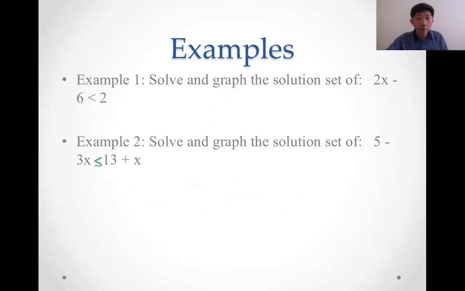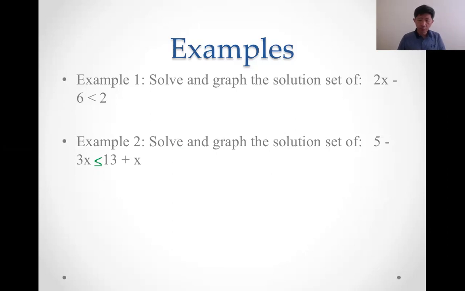Now, next problem. Solve and graph the solution set of 5 minus 3x less than or equal to 13 plus x.